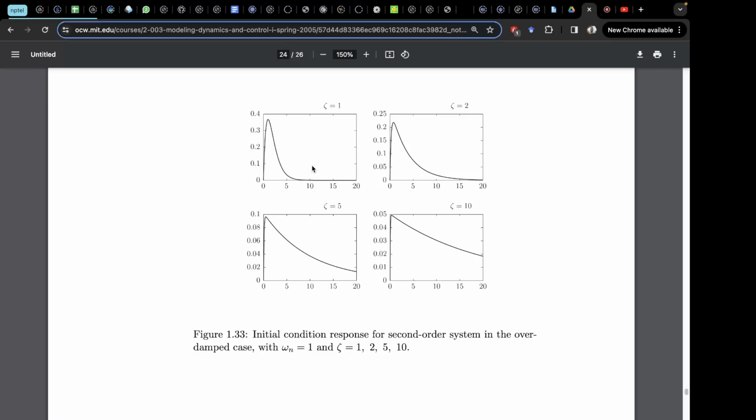As you increase the damping, the amplitude it reaches does decrease. In the first case, it reaches up to 0.4. In the fourth case, it reaches 0.05. But remember that our goal was to go to zero error as soon as possible, right?